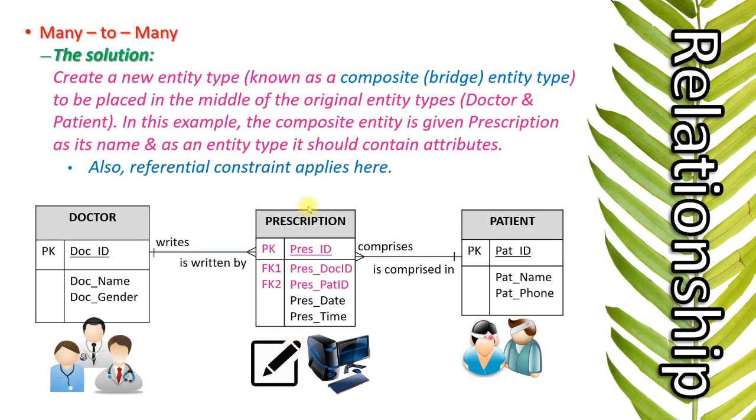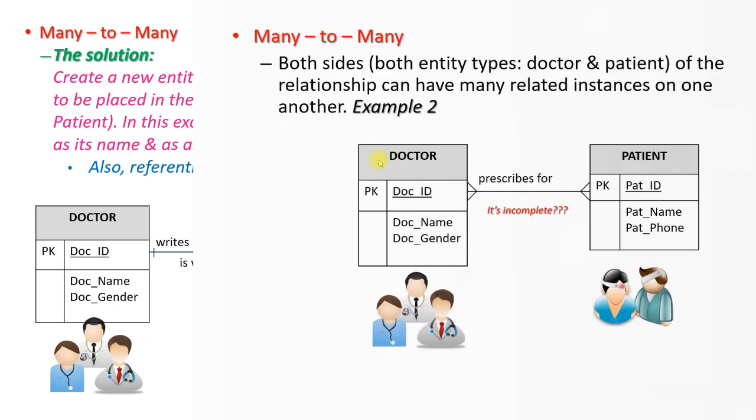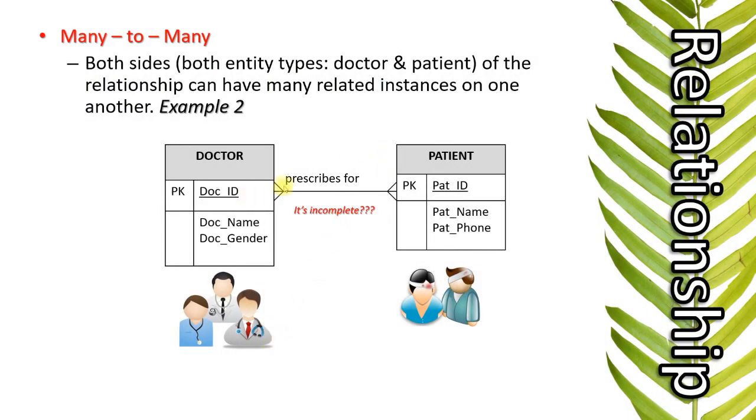We call it a composite entity type, or we normally call it the bridge entity type, placed in between the two original entity types, doctor and patient. Remember, here we have many symbols placed next to the two original entity types.